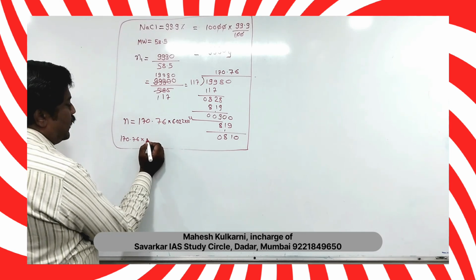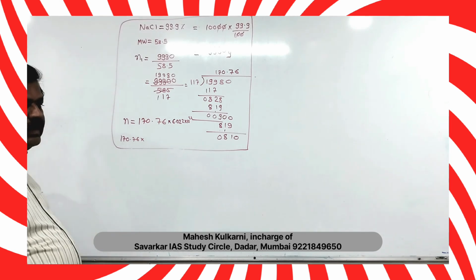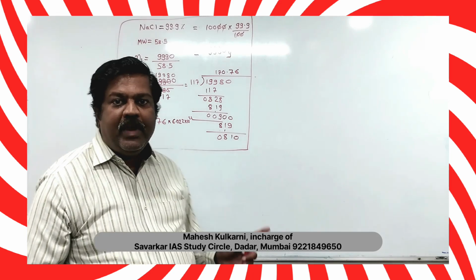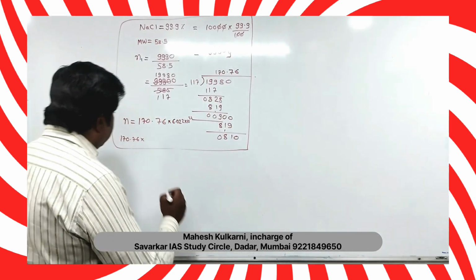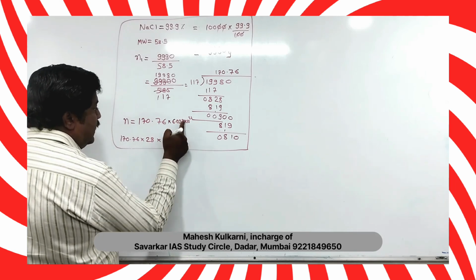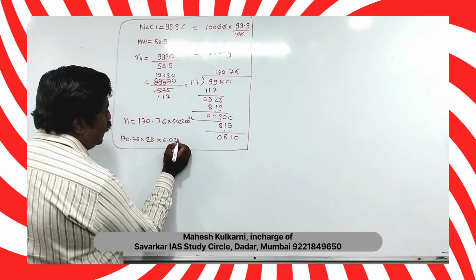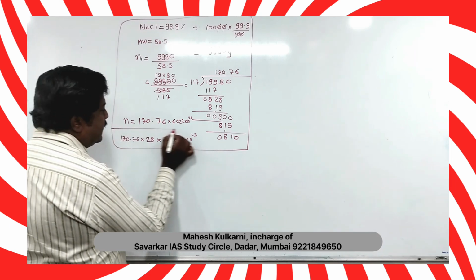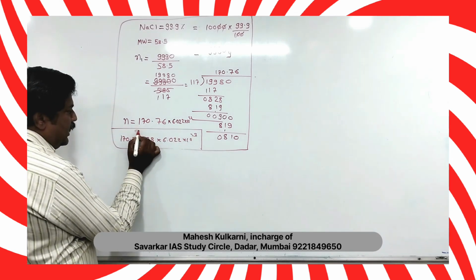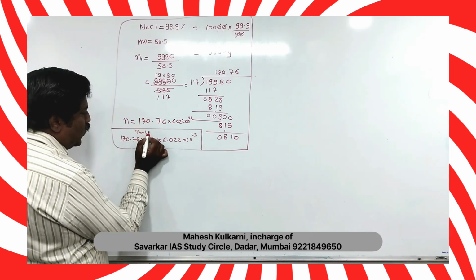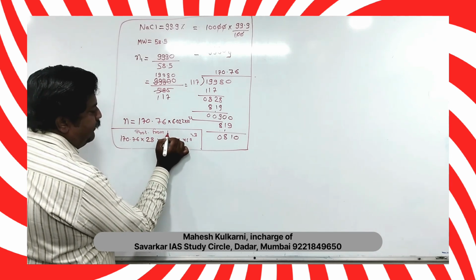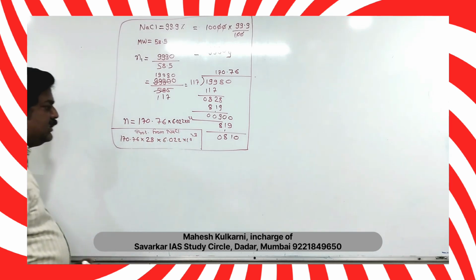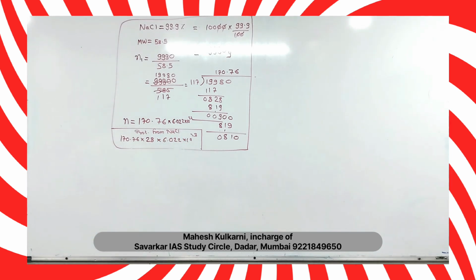We are aware 28 protons are there, 11 protons from sodium and 17 protons from chlorine. So multiplied by 28, and this 6.022 into 10 to the power of 23 will be considered. So this is the number of protons. I will write here intentionally protons from sodium chloride. So this is the number of protons from sodium chloride.